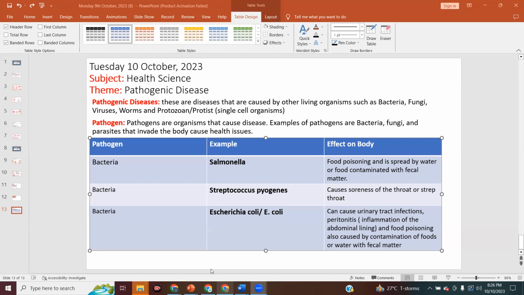Bacteria. Bacteria, very good. Denisha, give me an example of a pathogen.